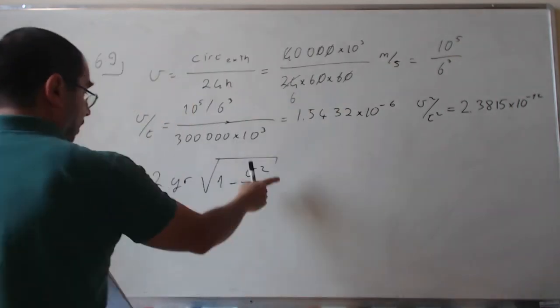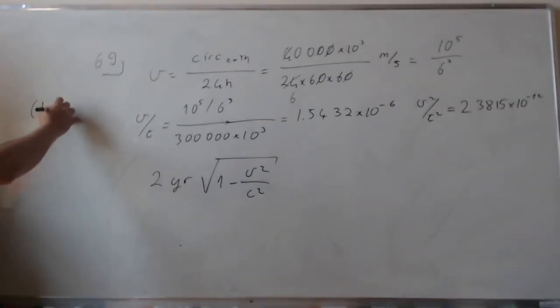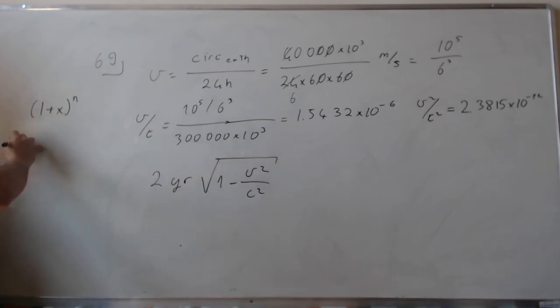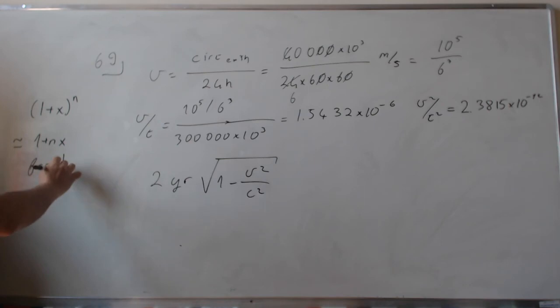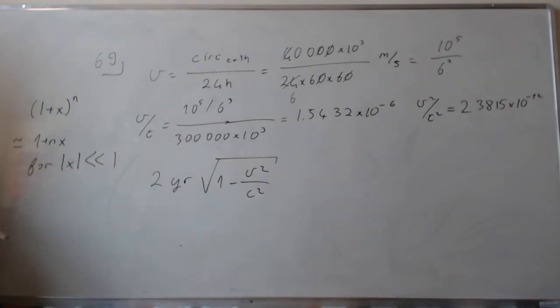So this looks like 1 plus a small number raised to some power. And we are going to use the binomial expansion, which is just telling you 1 plus x to n is approximately equal to 1 plus nx for absolute value of x being much smaller than 1. Right, and it certainly fits the bill. The absolute value of that is certainly much less than 1.